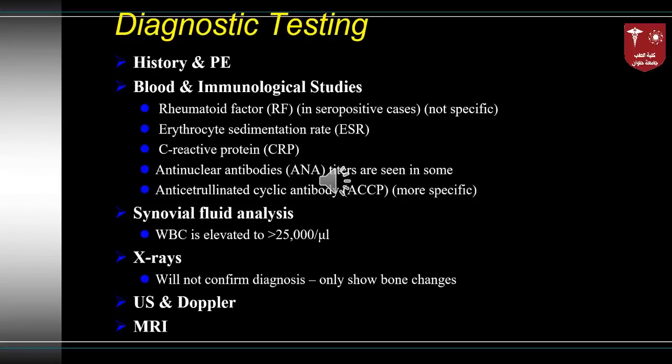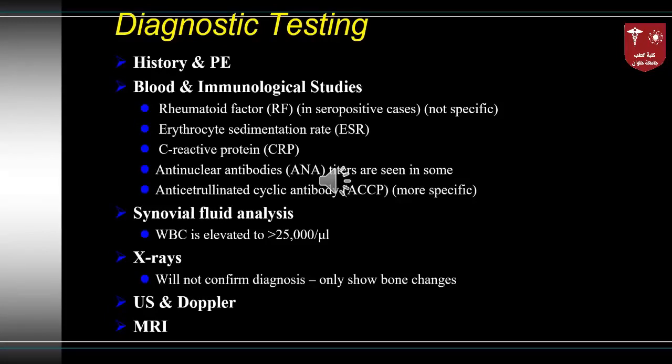Then comes the anti-nuclear antibody, which is seen in some cases, and the most sensitive one, which is the anti-citrullinated cyclic peptide antibody, anti-CCP, which has high specificity towards the diagnosis of rheumatoid arthritis. We can aspirate some of the synovial fluid via what's called arthrocentesis.